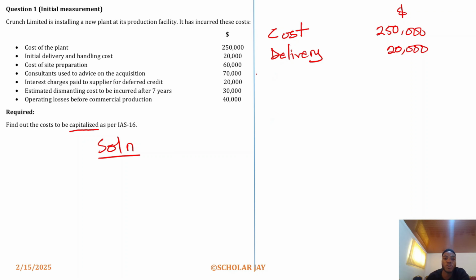When you talk about the cost of site preparation, it must also be part, because in our previous video we mentioned it, right? So let's say you want to mount an asset at a particular place. Let's say the place is bushy. You must incur some cost of hiring some people to weed the place.